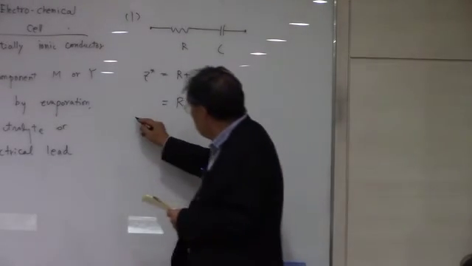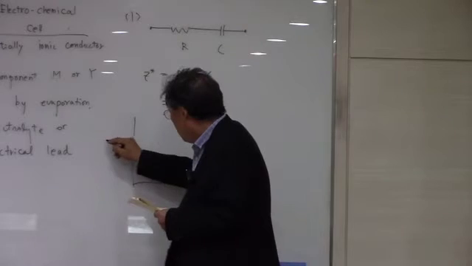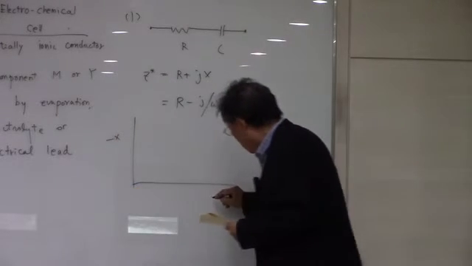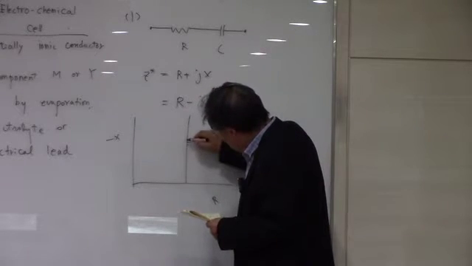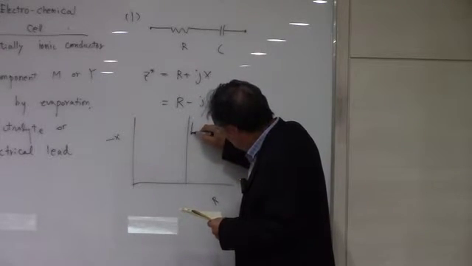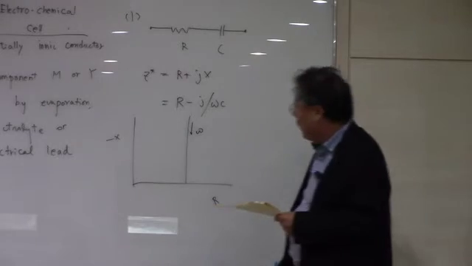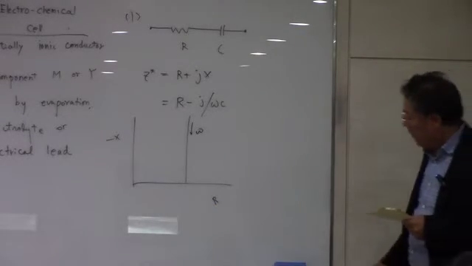And if you plot minus X and R, then you see, as you change the frequency, you're going to have a straight line there.